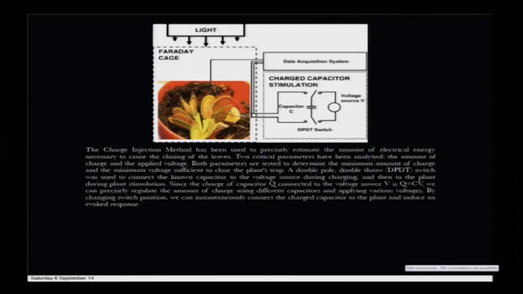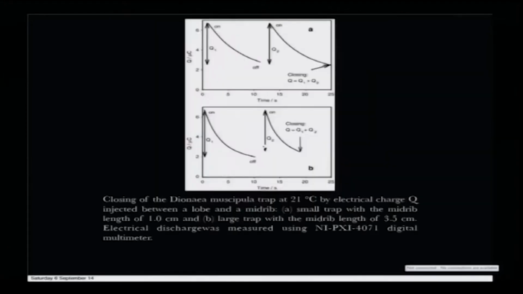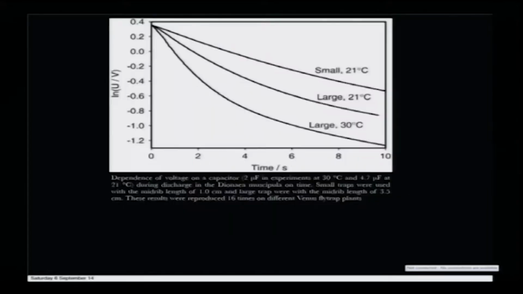This is how the charge and the charging voltage are quantified. You see there are on and off at the two levels. I wish you would go through them, small and large; depending on how much charge you are giving, the closure mechanism changes its slope.